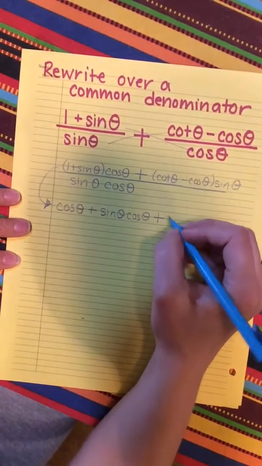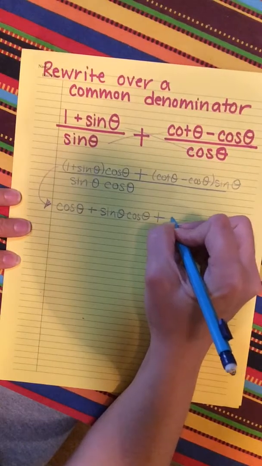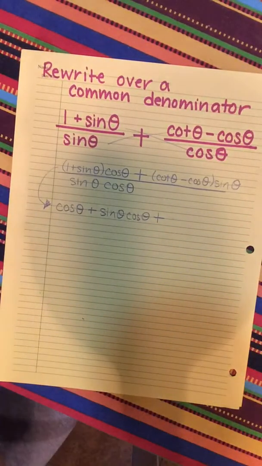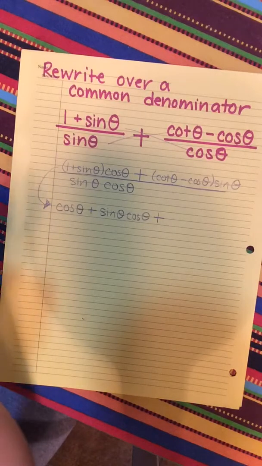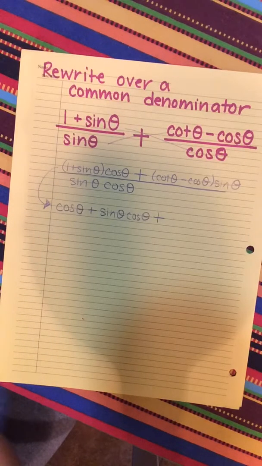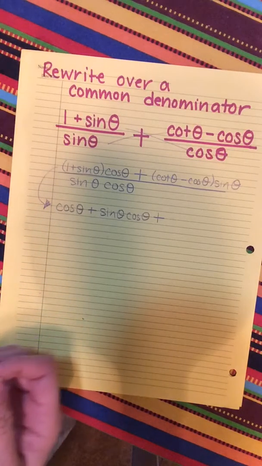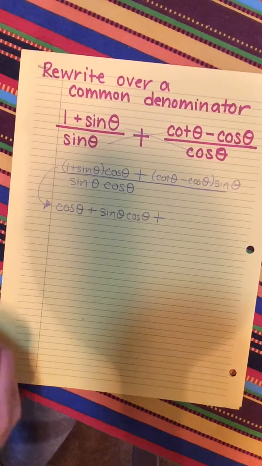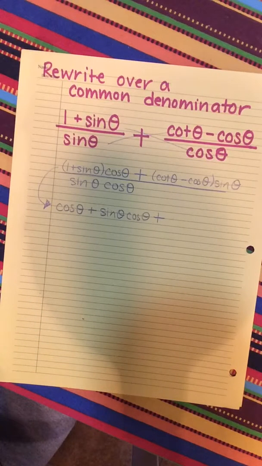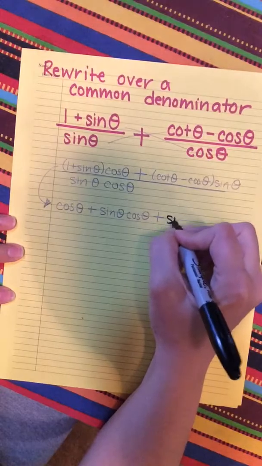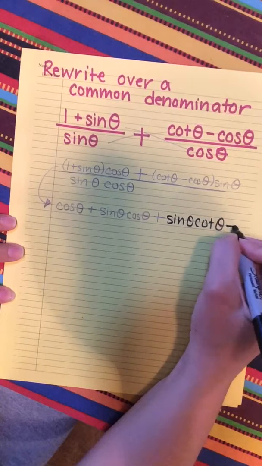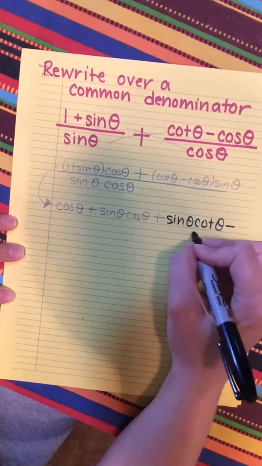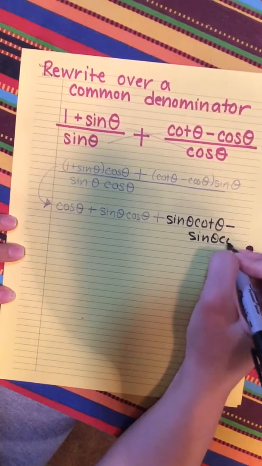Cotangent of theta times sine of theta, minus, multiplying those, that'd be sine of theta, cosine of theta.